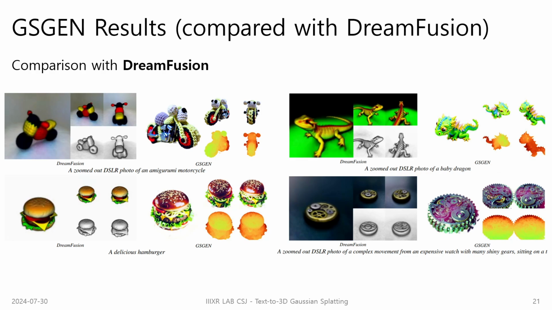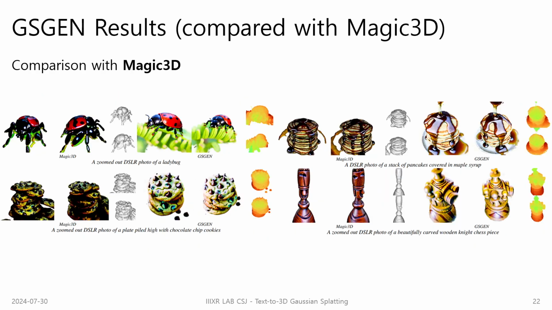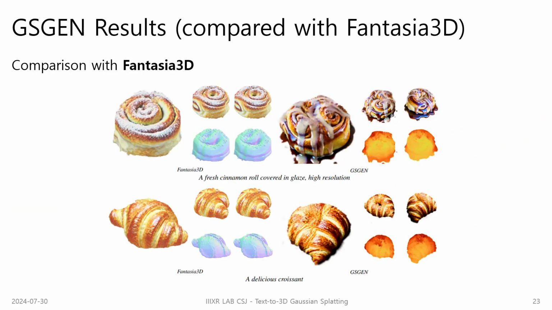The outputs are significantly sharper and more detailed. On the other hand, when compared to Magic3D, we can see that the quality of GSGEN does not fall short. It is the same with Fantasia3D.